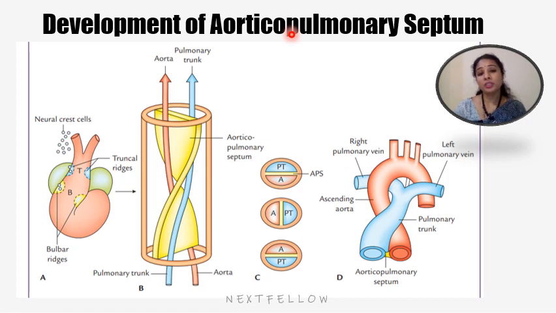So the neural crest cells form the aorticopulmonary septum. These mesenchymal cells migrate in the walls of the truncus arteriosus near the conus and grow in a spiral fashion, and you can see in this image how they grow. The red one is the aorta and the blue one, so they get twisted here. And aorticopulmonary septation divides the truncus arteriosus into aorta on one side and pulmonary trunk on the other side.